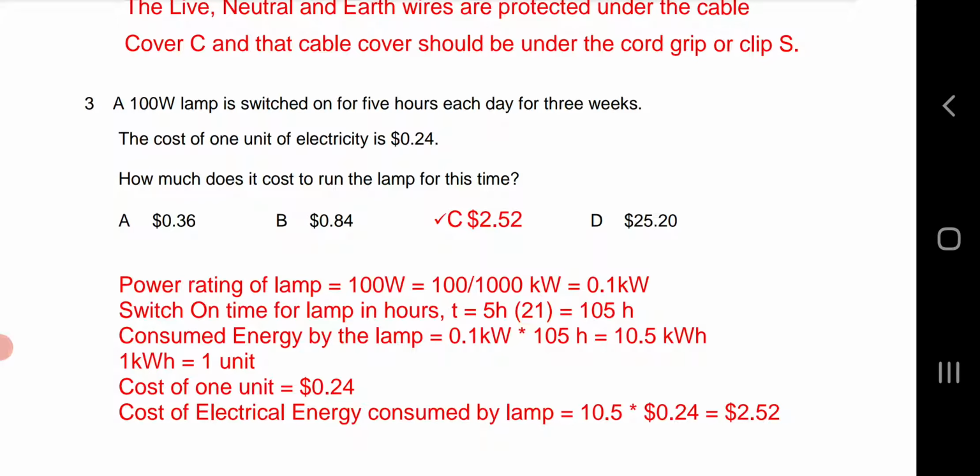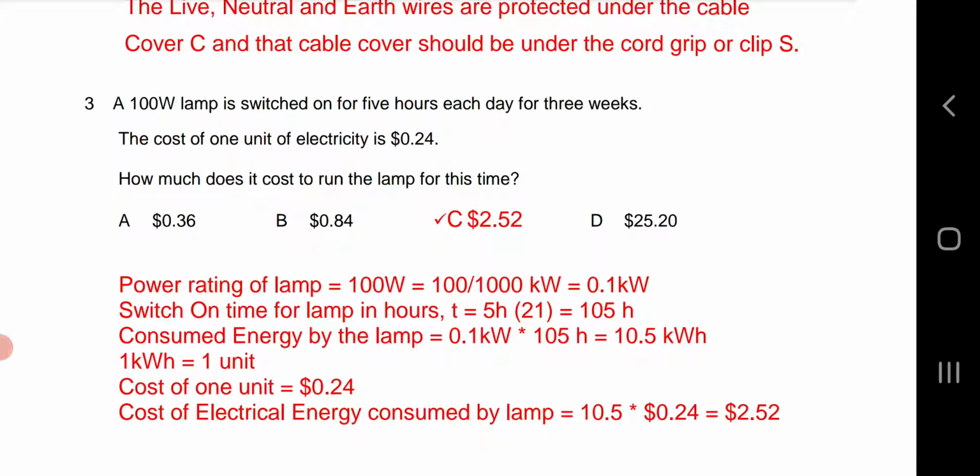Now the energy consumed by the lamp should be in kilowatt hour. So multiply the rating in kilowatt with the operating time, that is 105 hours, and the consumed energy is 10.5 kilowatt hour. And we know that 1 kilowatt hour is 1 unit.